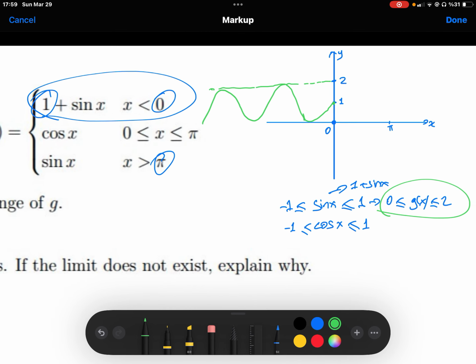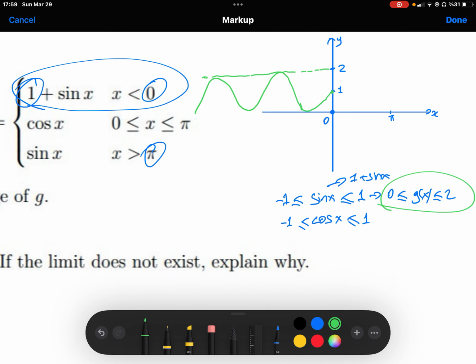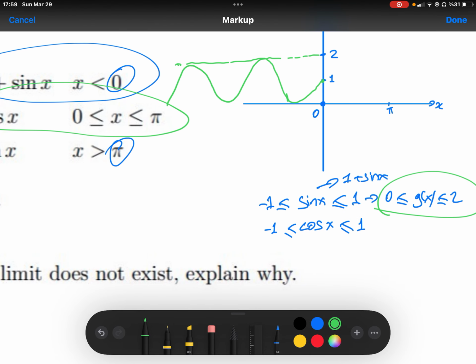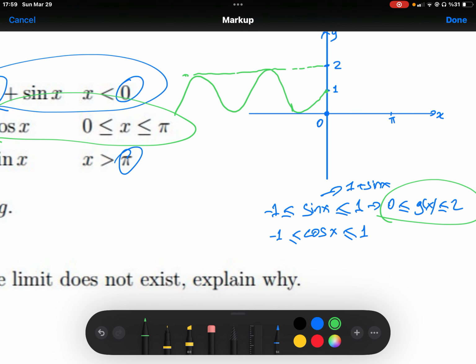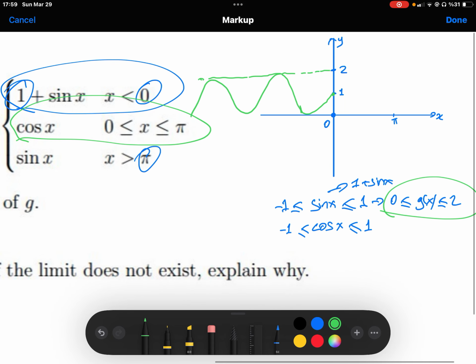Now, for the other piece here, cosine x, for x value between 0 and pi, which are included. For 0, cosine 0 will be 1.